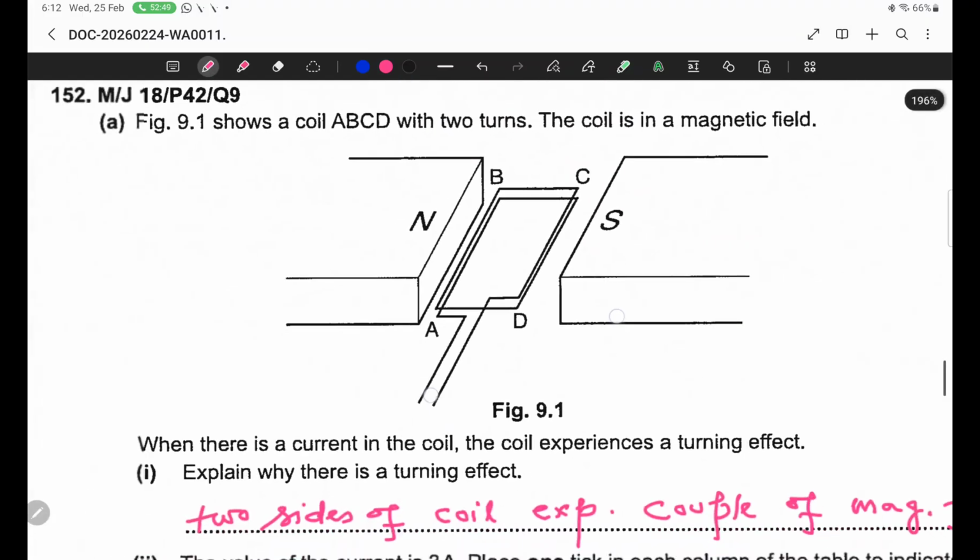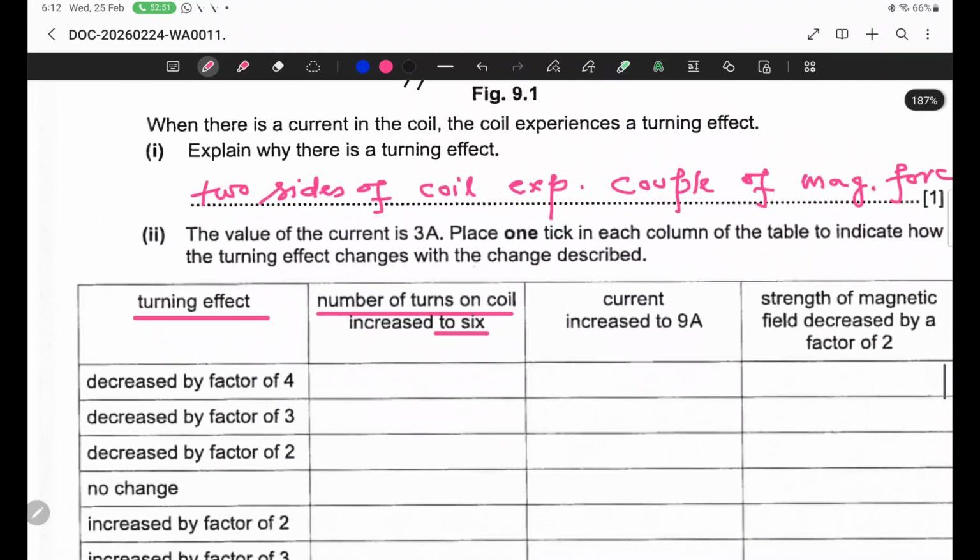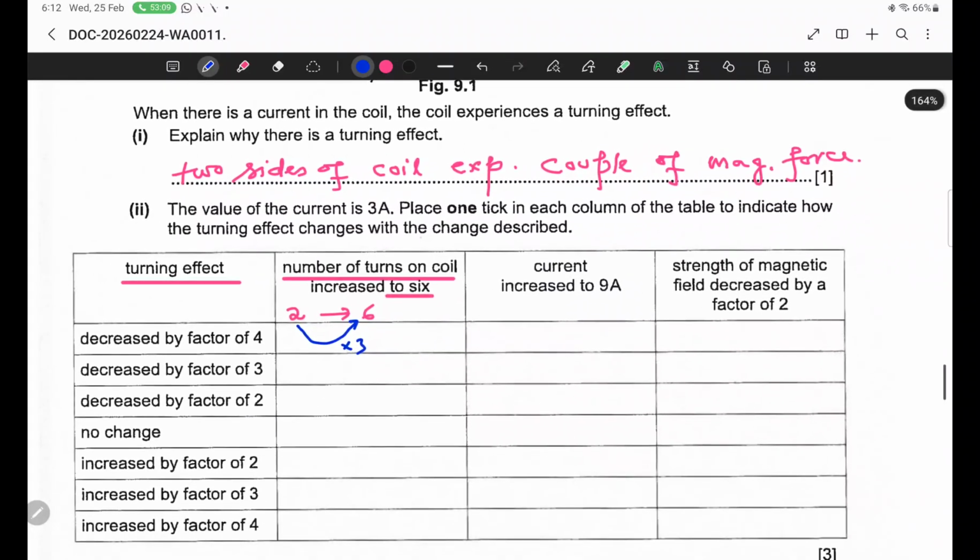Two. Now the number of turns is increased from 2 to 6, which means it increased 3 times. If turns increase 3 times, it will increase the turning effect 3 times.